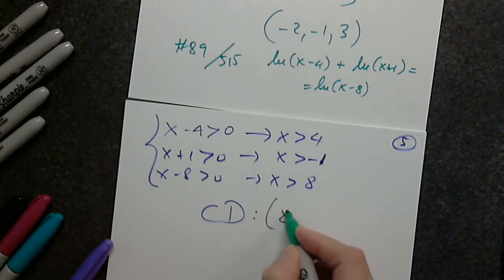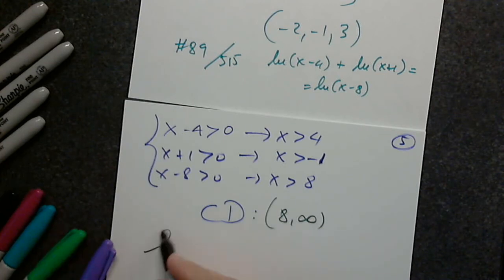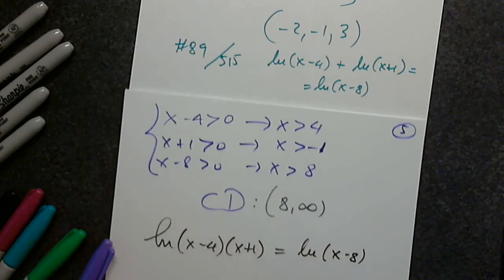Very good, indeed. 8 to infinity. So let's condense now. And that's exactly what you were asking, to condense. The left-hand side changes into natural log of what? Excellent. Equals natural log of x minus 8.